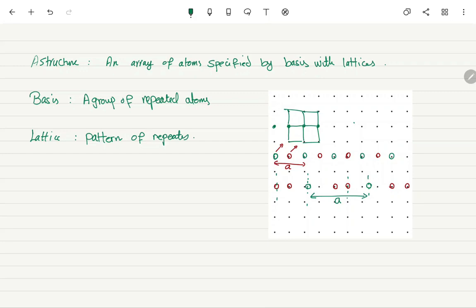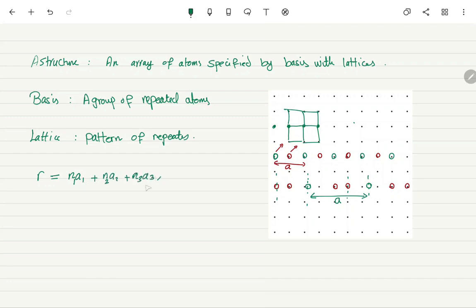Now in 2-dimension or 3-dimension, the situation is quite different. The primitive cell is defined by primitive translational vectors A1, A2, and A3. So R in this case equals N1 A1 plus N2 A2 plus N3 A3.